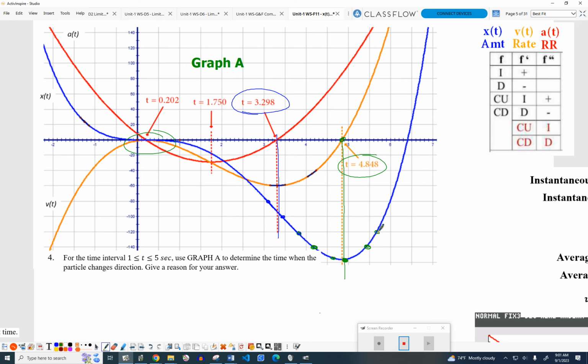It still has a negative position, but it's moving to the right. So I can answer the question using the position graph. More quickly, I can answer the question using the velocity graph, because whenever the velocity is negative, I know the particle is moving left. When the velocity suddenly changes from having negative values to positive values, now the particle is moving right.